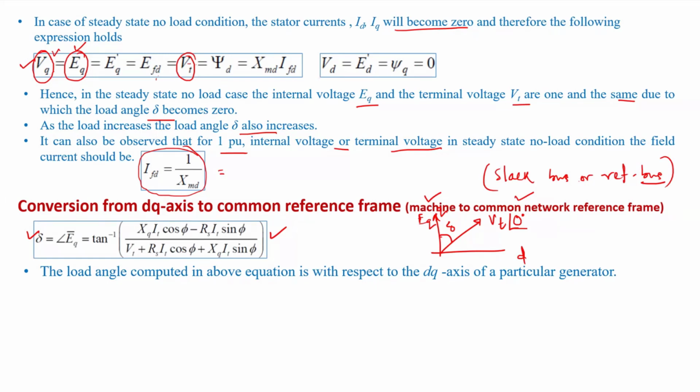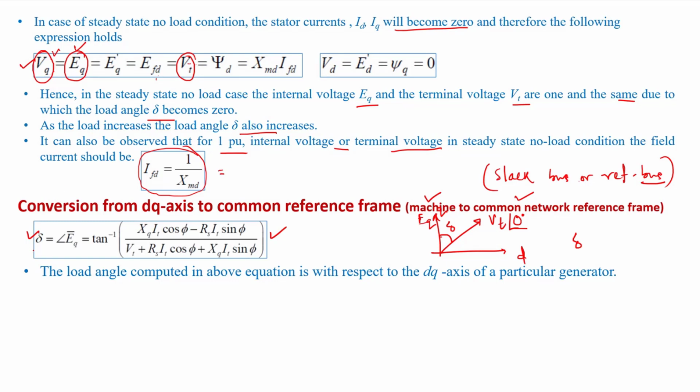But if we are considering a multi-machine system, then our reference changes. Our reference becomes the slack bus or the reference bus. So therefore, now we'll consider delta as the angle between EQ and the reference voltage that is associated with the slack bus or the reference bus, right?